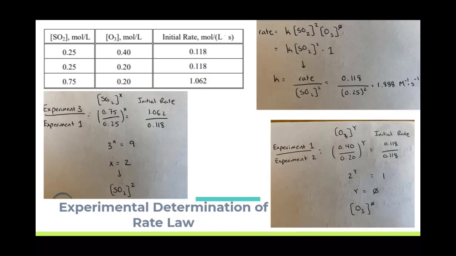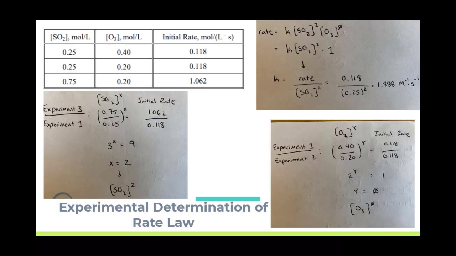So again, O3 was to the power of y, and we want to keep that formula the same there. So we're going to divide 0.4 by 0.2, because that'll give us a positive number. And then we're going to divide the rates over each other. Since the rates are the same, we're going to have 1 on the right side, and 2 to the power of y on the left side.